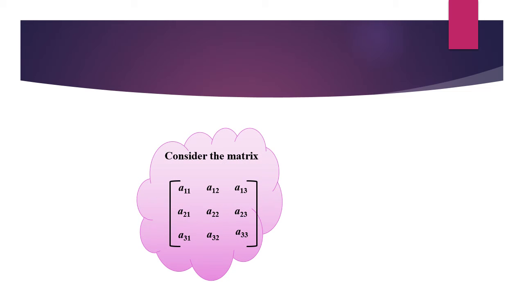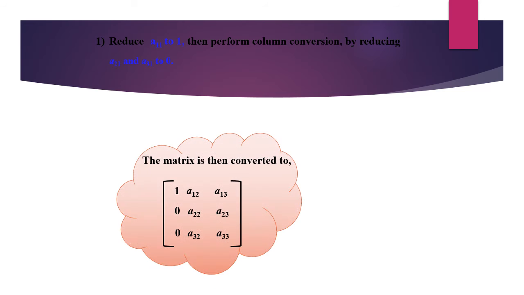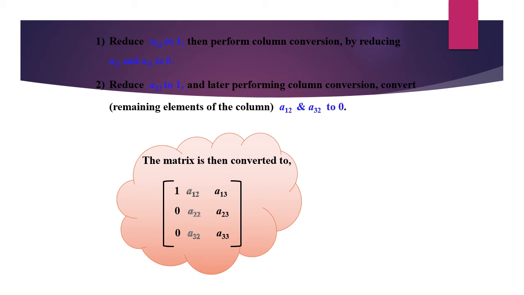Consider the matrix A11, A12, A13, A21, A22, A23, A31, A32, A33. So altogether there are 9 elements, and in the procedure we begin by considering the first row first element. We need to reduce the first row first element into 1 and then use it to reduce the second row first element and third row first element into 0. Next, we proceed with the second row second element.